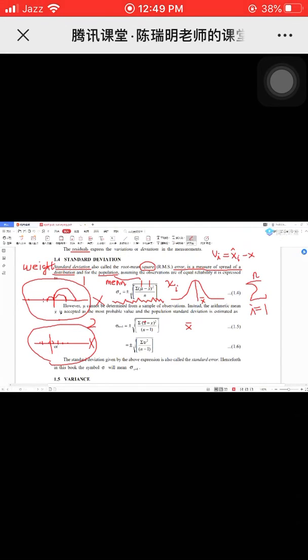Previously we were talking about this kind of case. X bar here is this one. I have 10 observations, so this is X bar because we don't know the population. If you don't know the population, this is X bar, and XI is every point over here. You have 10 points over here.